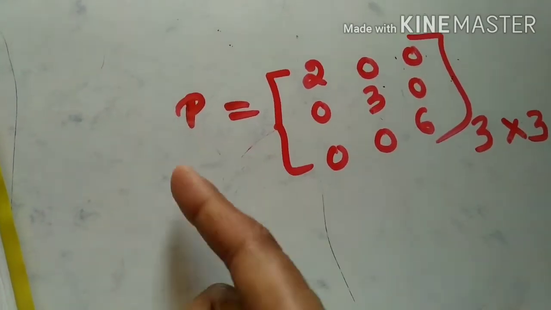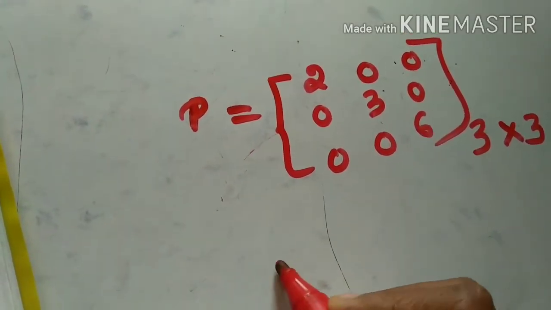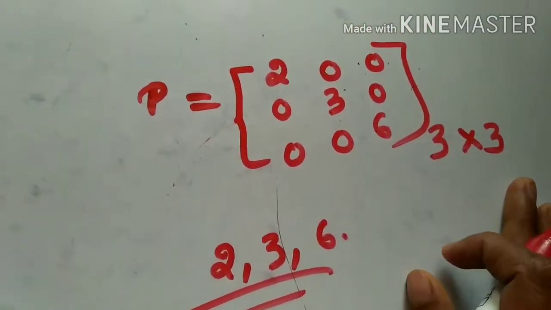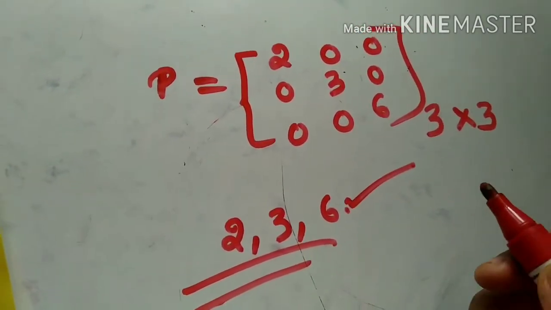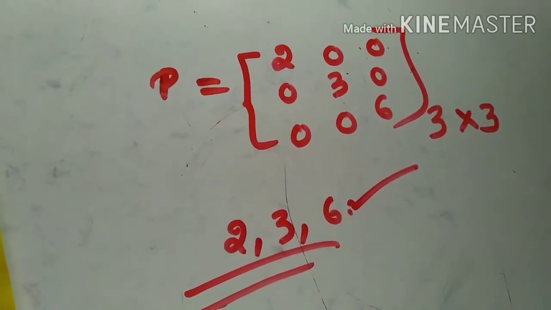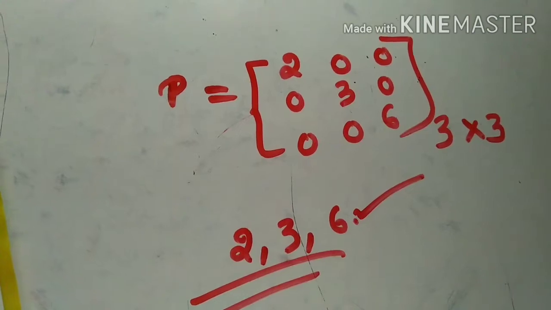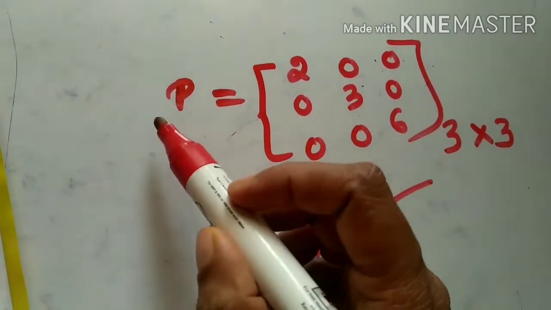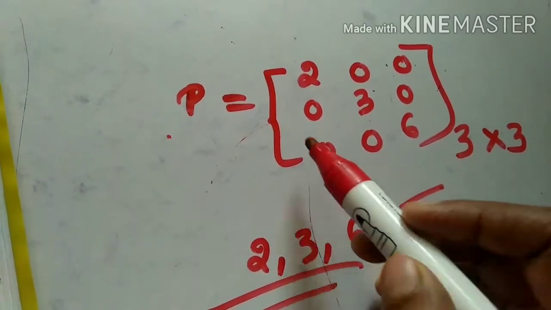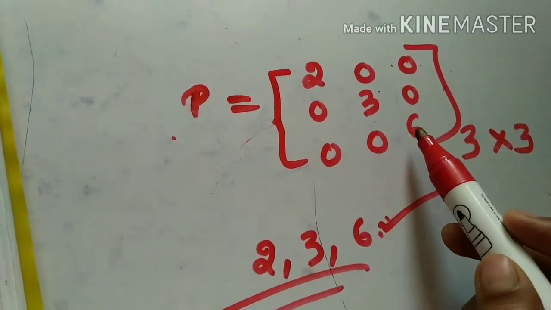The eigenvalues of this matrix P are nothing but 2, 3, 6. Without solving the question, I said this. How did I say it? I remembered that point: if the given matrix is a diagonal matrix, then the eigenvalues are nothing but the principal diagonal elements.